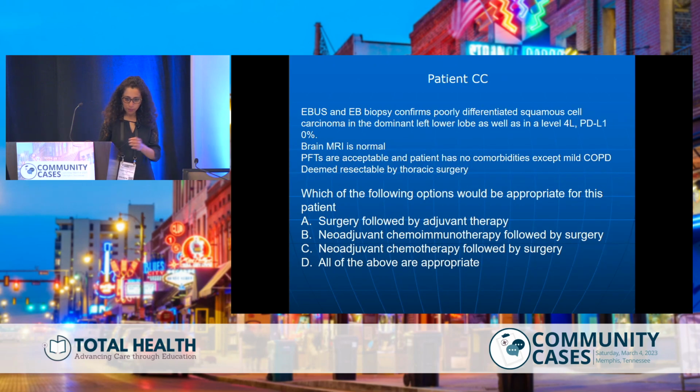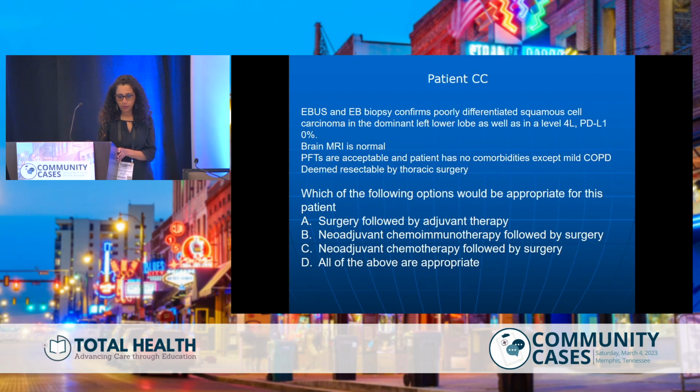This should have been before that slide, but anyway, this is a redundant question. So the options here were surgery followed by adjuvant, neoadjuvant chemoimmunotherapy, neoadjuvant chemotherapy followed by surgery. All of the above are appropriate. I want to argue here that neoadjuvant chemoimmunotherapy is the right answer, because the surgeons may say they can operate, but the patient has disease in 4L, so that's N2 disease.